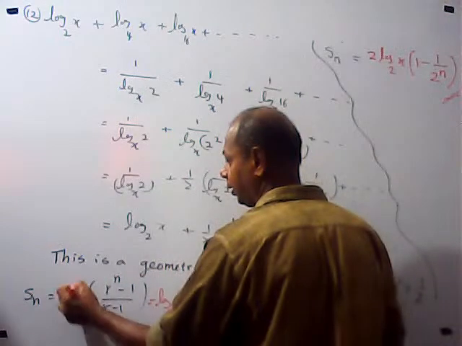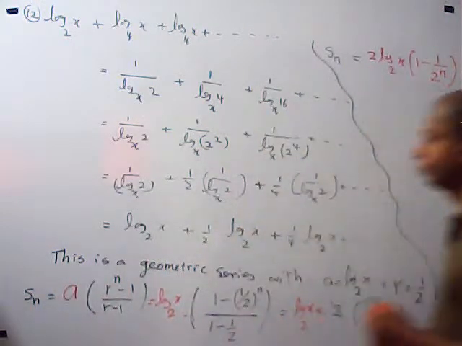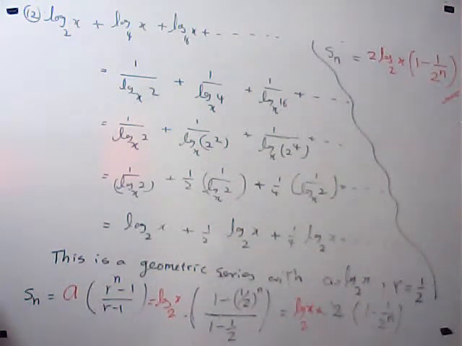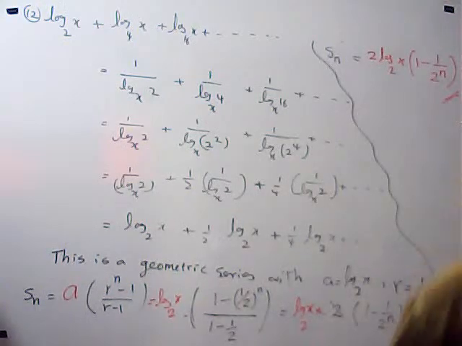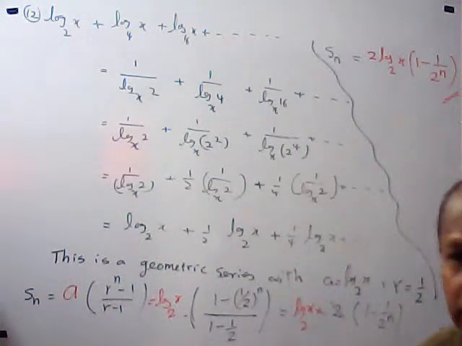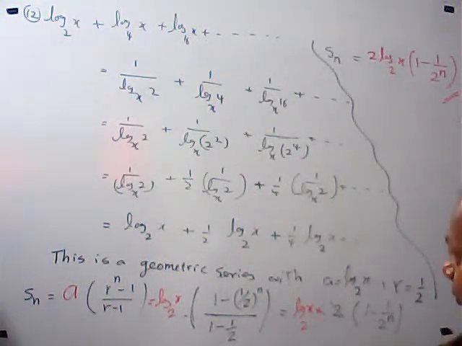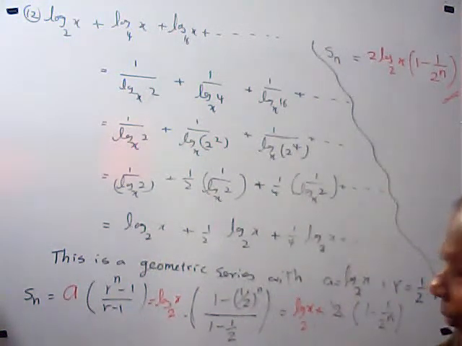It has to be A, right? It has to be A, not n over 2.